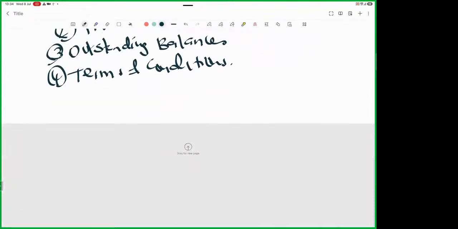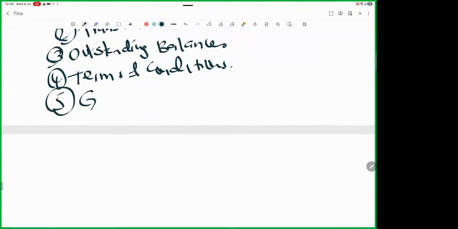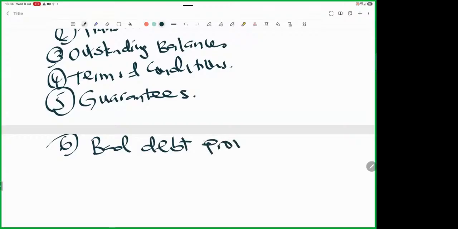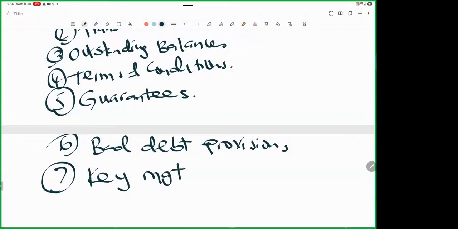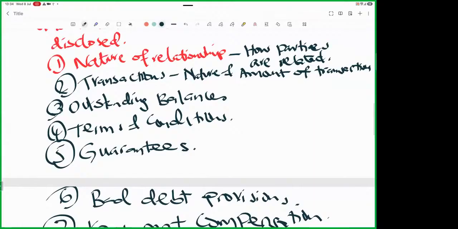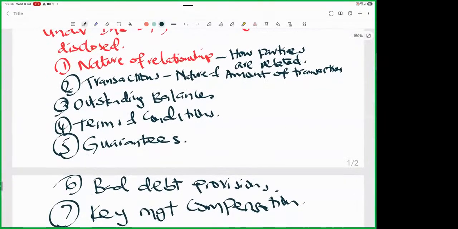If there are any guarantees given, you have to disclose these guarantees. Number 6, any bad debt provisions. Key management compensation. Very, very important. So I think with those ones, you are now okay. At least you'll be able to remember a few of them. It pertains to your exams.